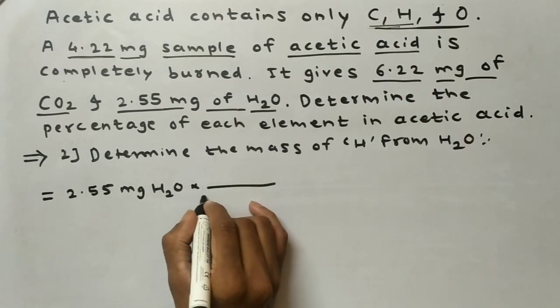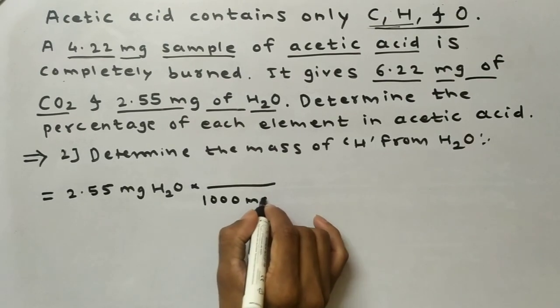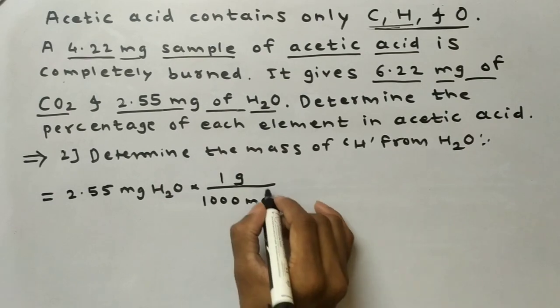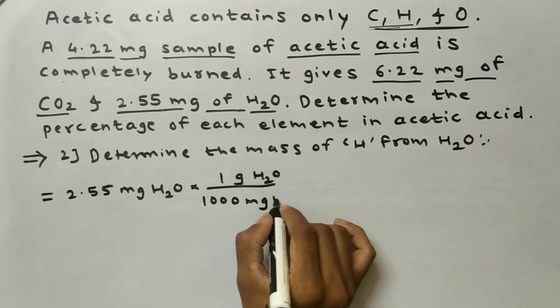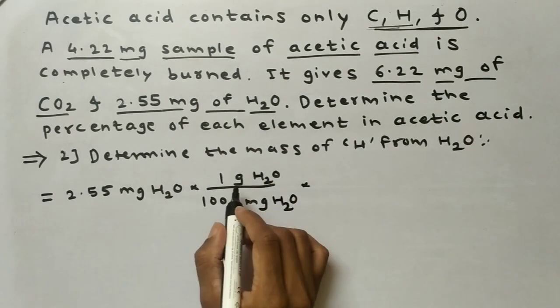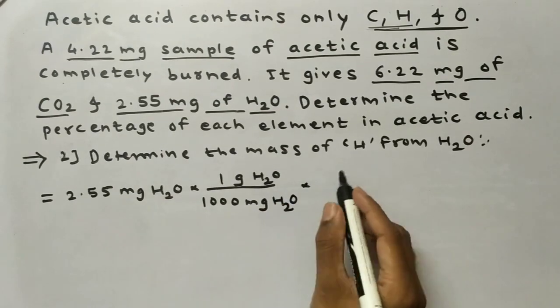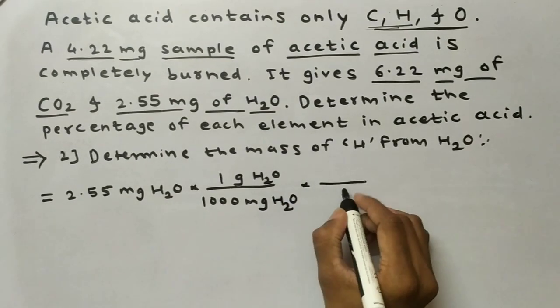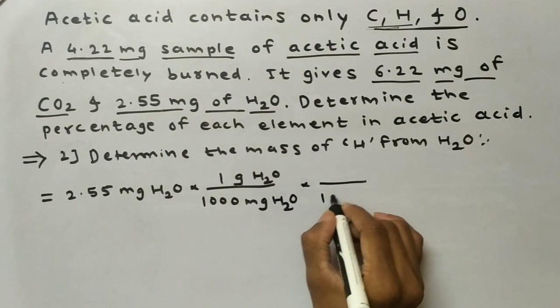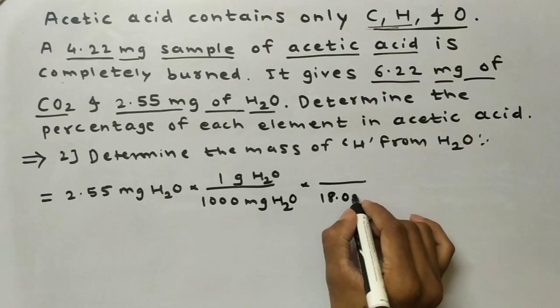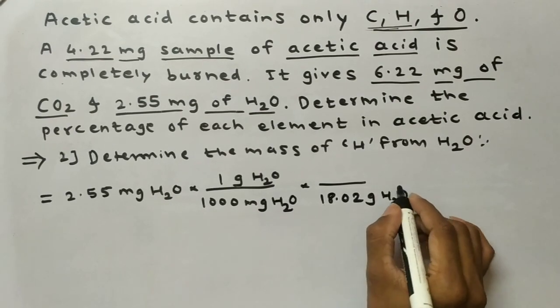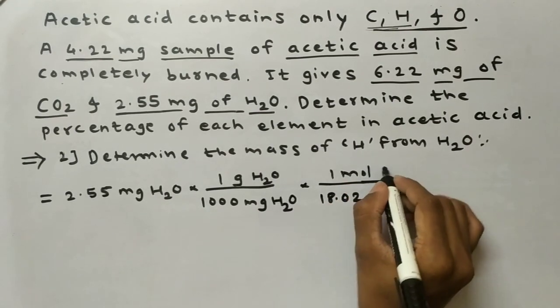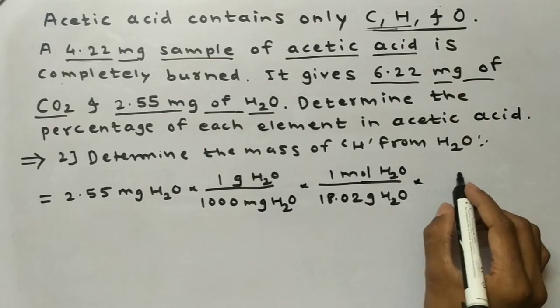Similarly here, 1000 milligrams is 1 gram H2O. Now these grams of H2O will convert to moles. So the molar mass of H2O is 18.02 grams per 1 mole H2O.